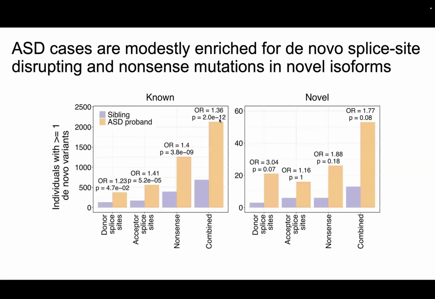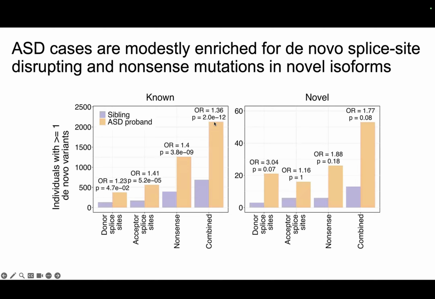Now looking at novel isoforms, when these mutations are impacting novel isoforms, similarly, we see increased risk. For example, for donor splice sites, there's a threefold risk of having ASD when someone has one of these kinds of mutations relative to their unaffected siblings. But because these types of mutations are rare, and because we're not actually looking at that much genomic sequence, the total number of individuals that have these kinds of mutations is small. We're talking 50 people total who have any one of these kinds of mutations relative to over 2,000.